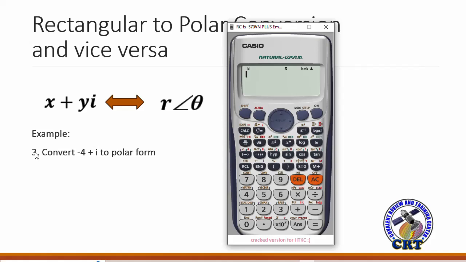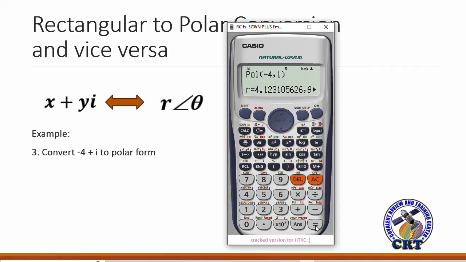Next, example number 3. I will be using calculator function for this example. Convert negative 4 plus i to polar form. So press shift, then polar, negative 4, then comma, and positive 1. Close parenthesis, equals.